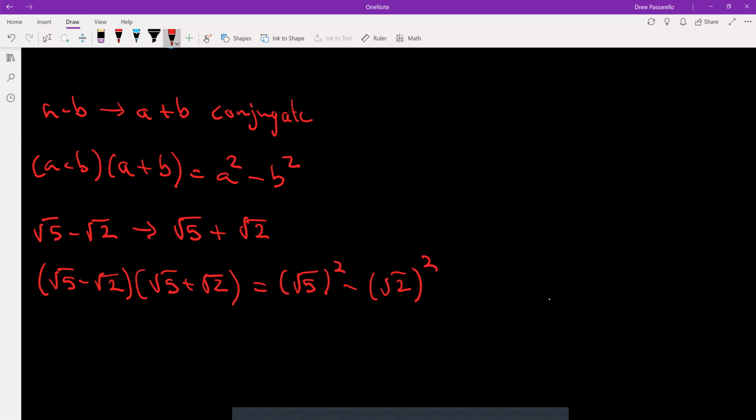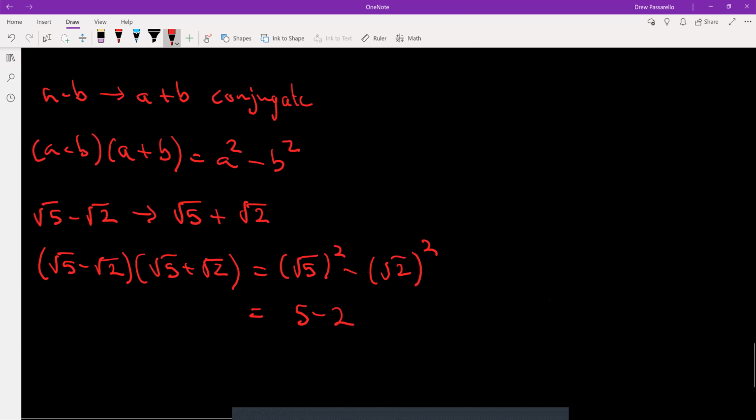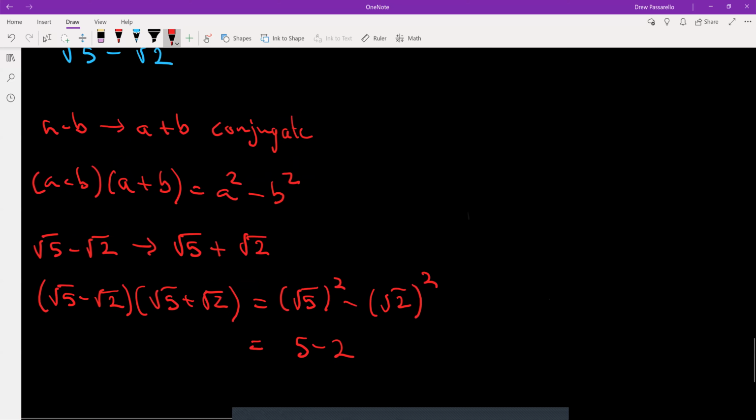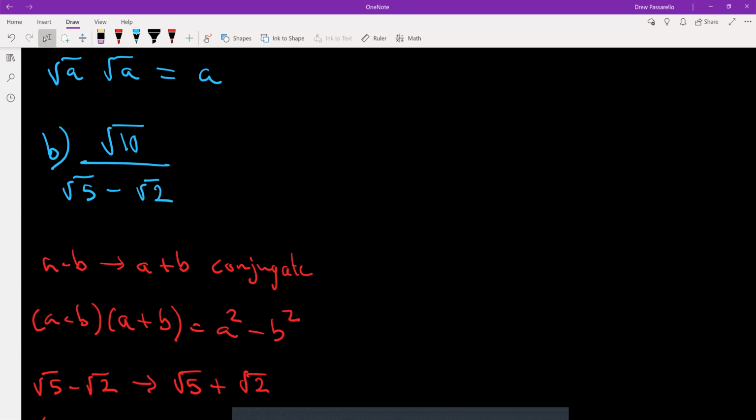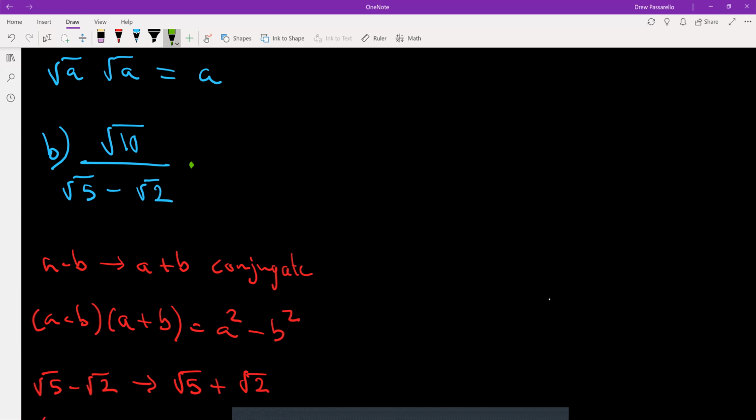And square and square root are opposite operations, so they cancel each other out. So that's just going to give you 5 minus 2, which we know is 3. All right, so that's what we're going to be doing. We're just going to multiply top and bottom by the conjugate of the bottom, square root of 5 plus square root of 2.